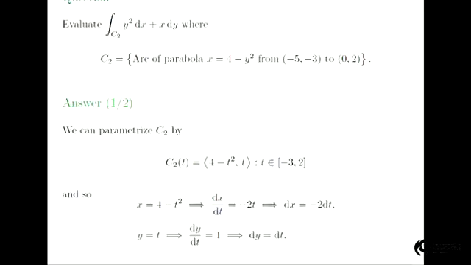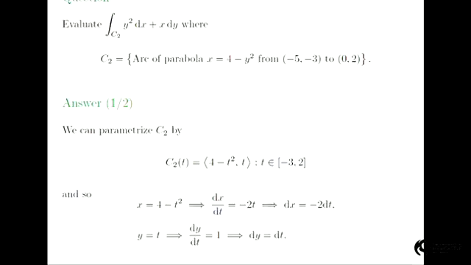Well, x is equal to 4 minus t squared, which means dx/dt is minus 2t, which means that dx is minus 2t dt. Similarly, y is equal to t, so dy/dt is equal to 1, which means dy is equal to dt.